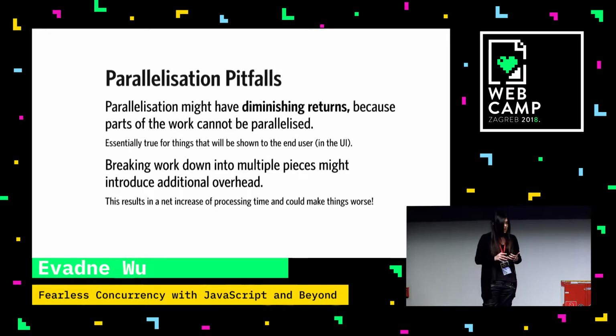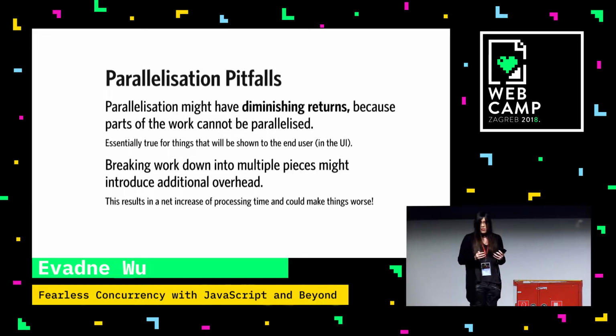Obviously, concurrency or parallelization in this situation isn't without its drawbacks. The first drawback is that sometimes when you try to parallelize a problem, you get diminishing returns because certain problems have serial parts and need to be processed serially. These parts are not amenable to parallelization. So the speed up isn't really infinite.